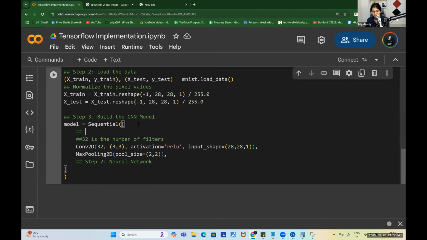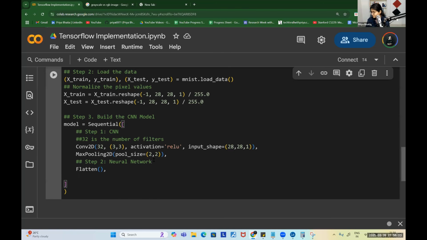Two steps we have covered. One step, CNN. Second step, neural network. So it will do flattening.